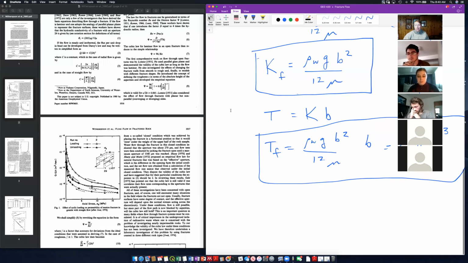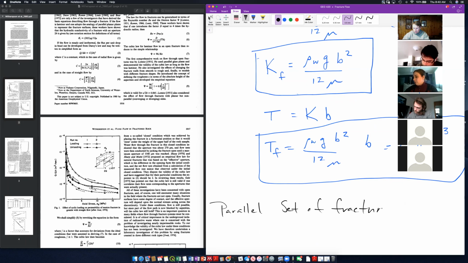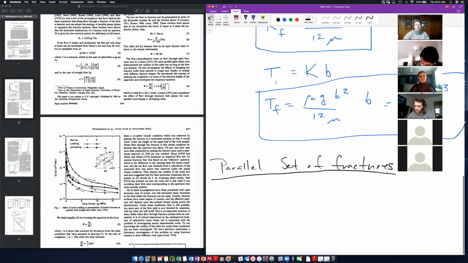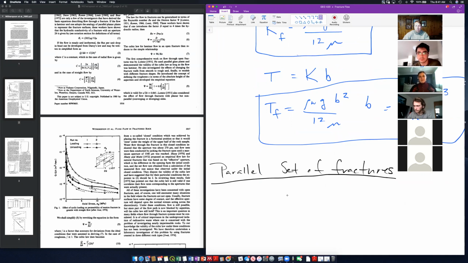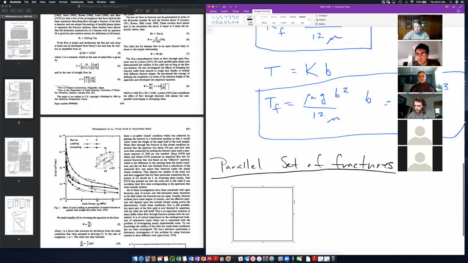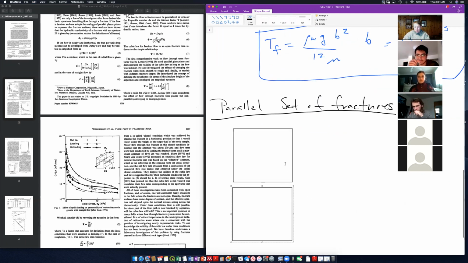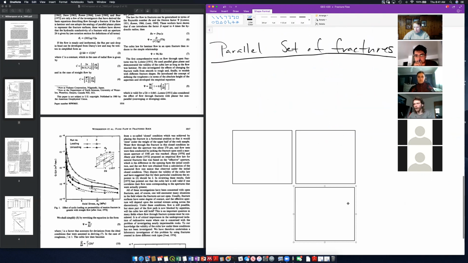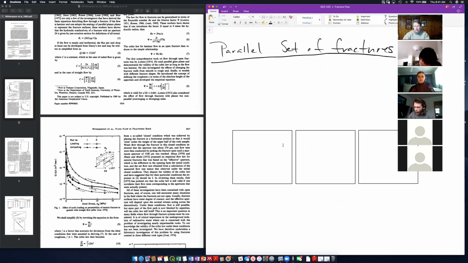So if we have a parallel set of fractures, let's just put some more blocks in here. All right, so we've got our parallel set of fractures.